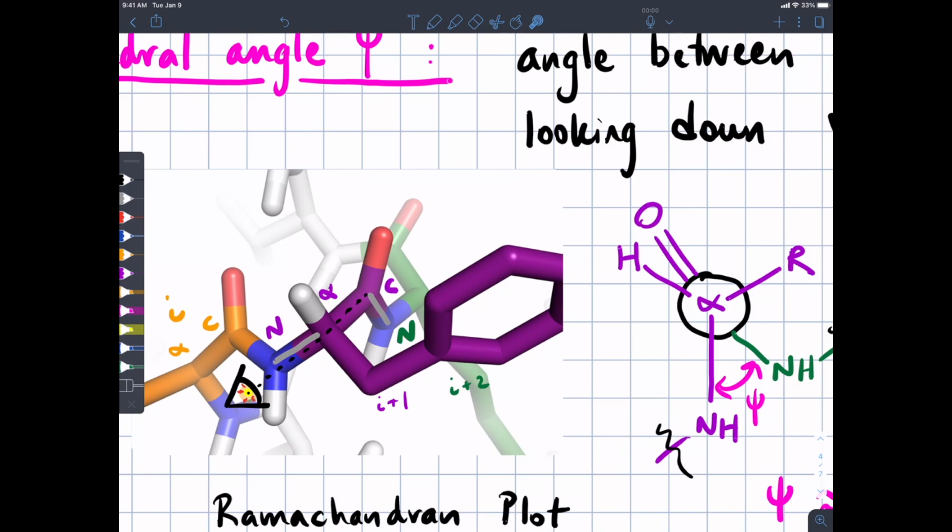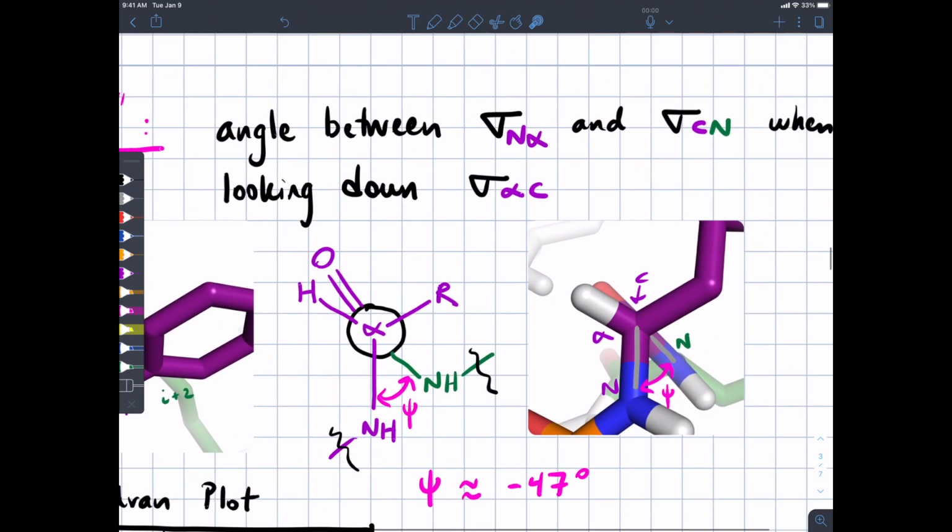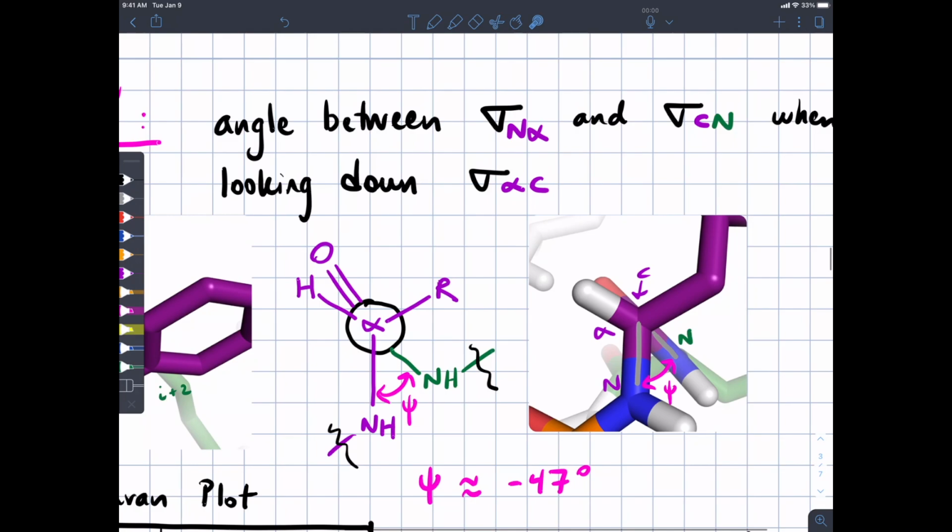We're going to be focusing on the bond between alpha carbon and amide nitrogen here in the front, and then in the back the bond between carbonyl carbon and amide nitrogen. And if you look down that bond, what you can see is that you've got another sort of gauche interaction.